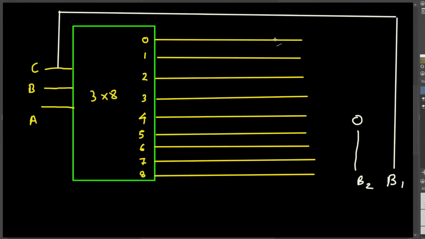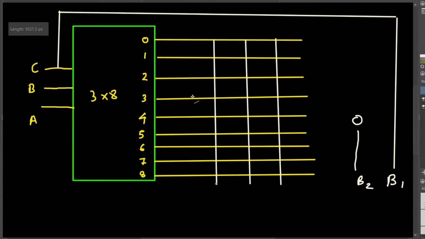For that one, I draw a line here: 1, 2, 3, and 4. At the end, we connect an OR gate.